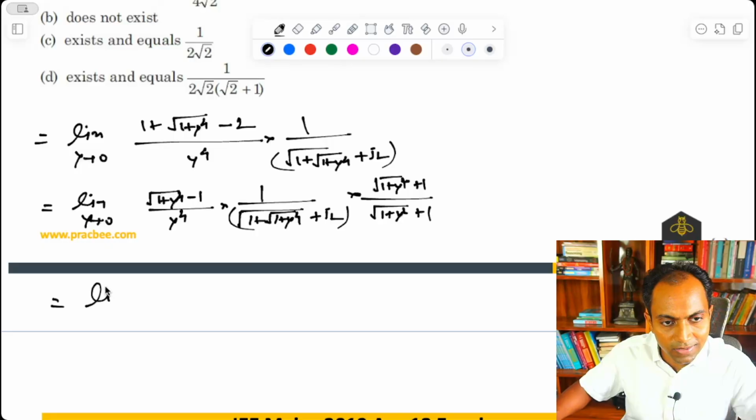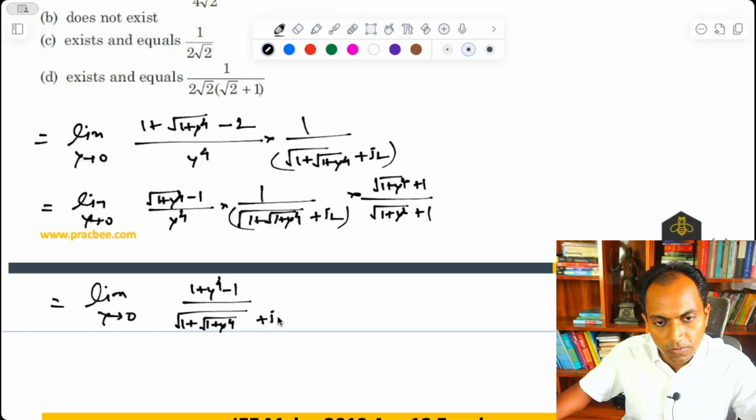So we can write the answer as limit y tends to 0, 1 plus y raised to the power 4 minus 1 by root of 1 plus root of 1 plus y raised to the power 4 plus root 2. And then we have one more term, that is root of 1 plus y raised to the power 4 plus 1.